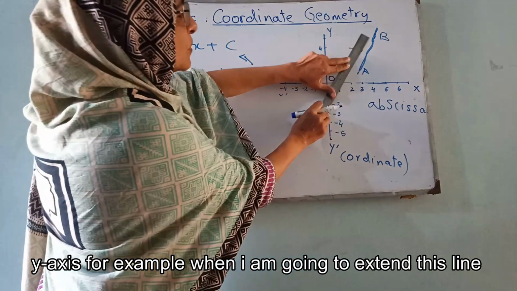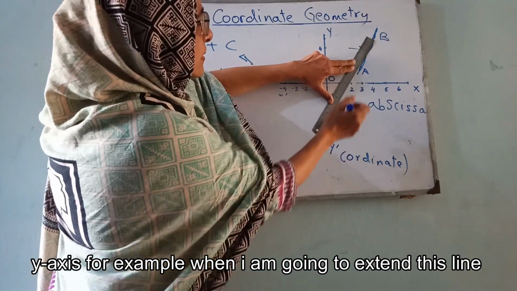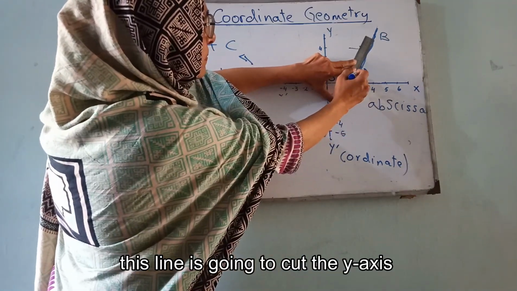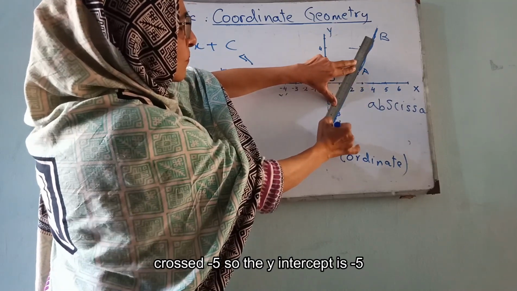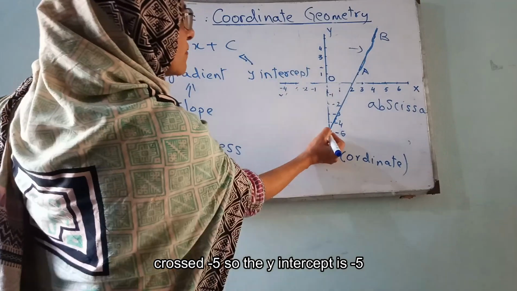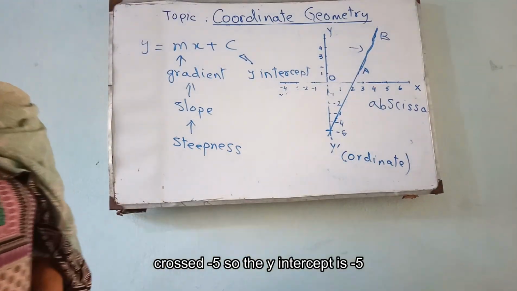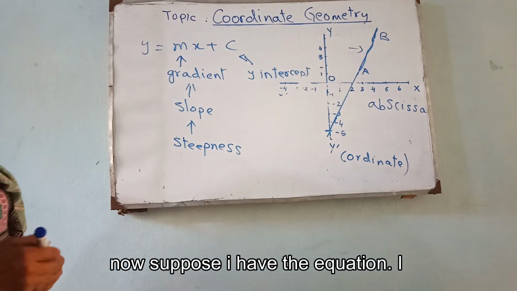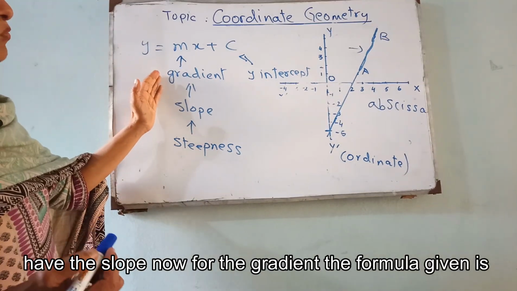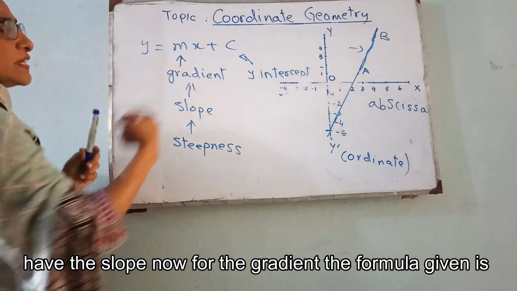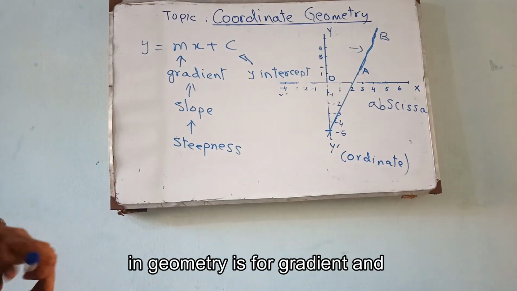For example, if I extend this line, it is going to cut the y-axis at point 5. Now for the gradient, the formula given in geometry is as follows.